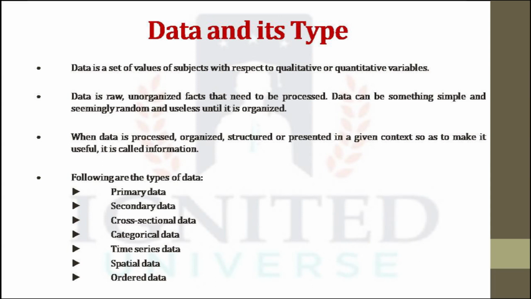When the data is processed, organized, structured, or presented in a given context so as to make it useful, then it becomes information. Following are the types of data that we will be taking up in questionnaire analysis: primary data, secondary data, cross-sectional data, categorical data, time series data, spatial data, and ordered data. We'll move on to these one by one.